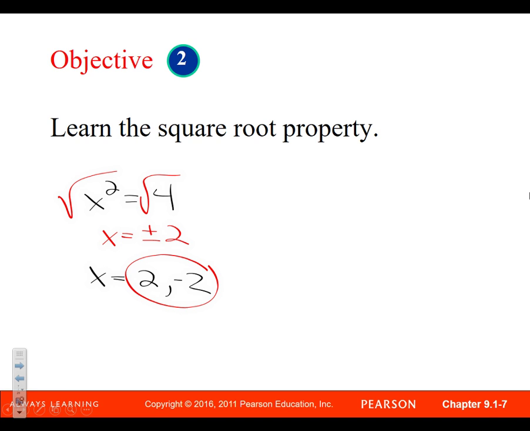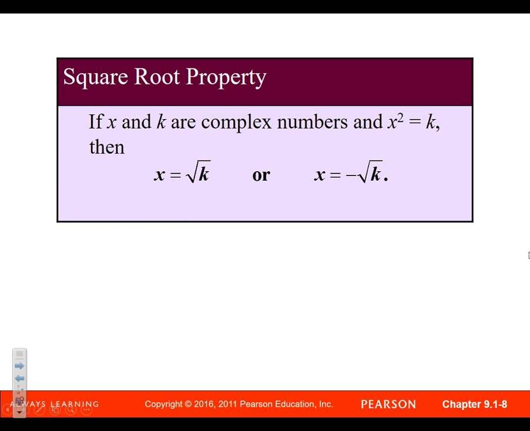So please don't let it confuse you when I show you the next slide, because that is exactly what it is saying. So if x and k are complex numbers and x squared is equal to k, then x is equal to the square root of k, or x is equal to the negative square root of k. If that confuses you, don't write it down.